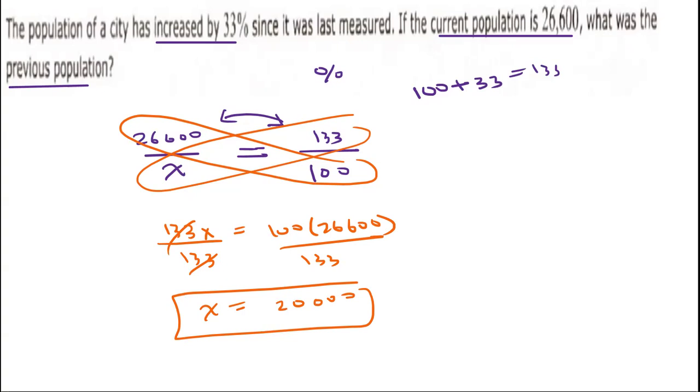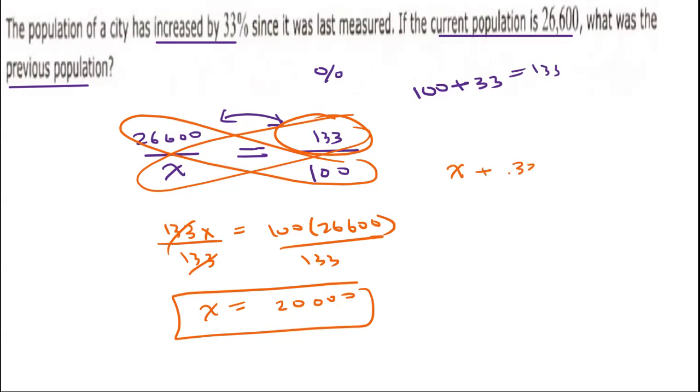Now, if you want to use a different way, I recommend doing it this way in the proportion, because a lot of problems are going to be talking about increasing, decreasing, just manipulate this number here. But if you want to look at a different way, you can set up x as the previous population. I don't know what that is, but we know that it increased by 33%.